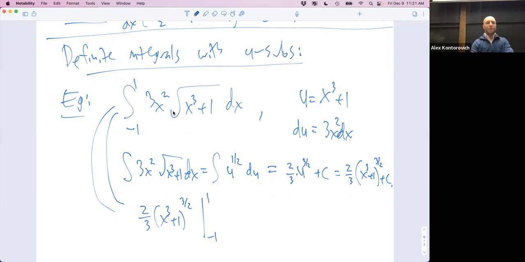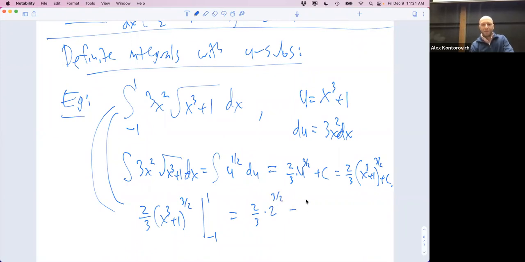Now we're using the fundamental theorem to know how to evaluate this. We know an antiderivative. We can set c equal to 0. That's a perfectly good antiderivative. And then we'll evaluate it at the two endpoints, x equals minus 1 and x equals 1, and subtract. When x equals 1, I get 2/3 times 2 to the 3/2, whatever that is.